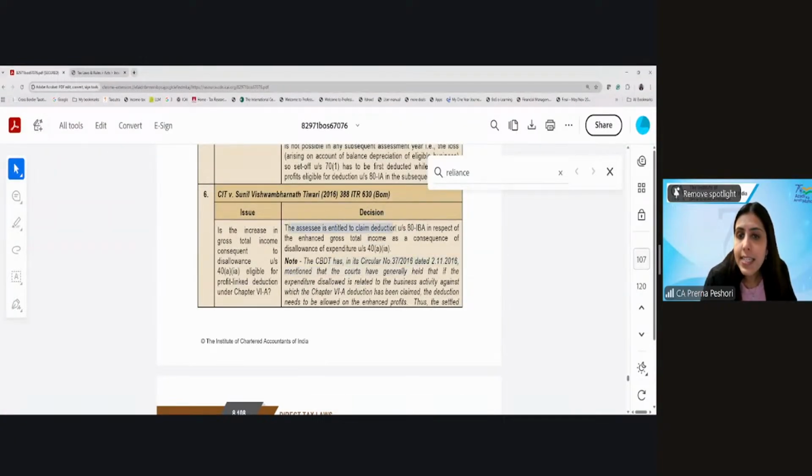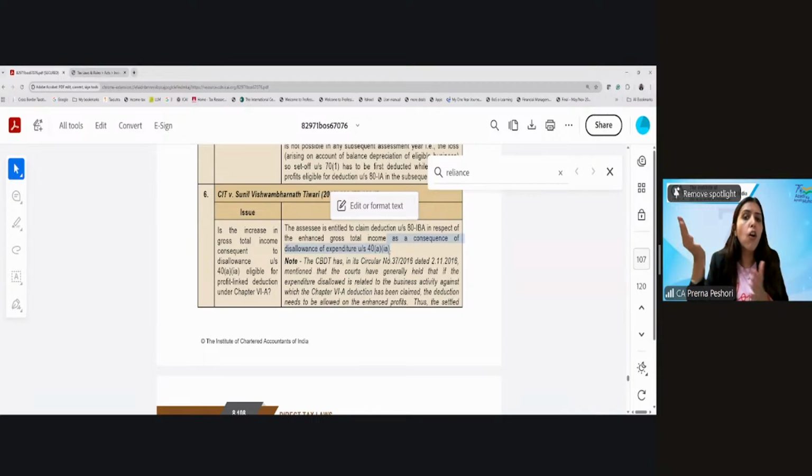The assessee is entitled to claim the deduction under 80IB in respect of the enhanced GTI as a consequence of disallowance of expenditure under 40A(1)(a). Because actually I have incurred that expenditure, but you are increasing my disallowance because of non-deduction of TDS.